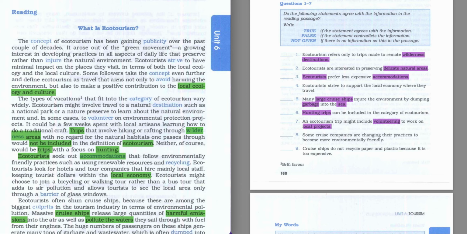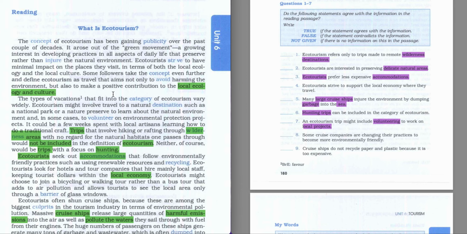So let's read this sentence. Some followers take the concept even further and define ecotourism as travel that aims not only to avoid harming the environment but also to make a positive contribution to the local ecology and the culture.